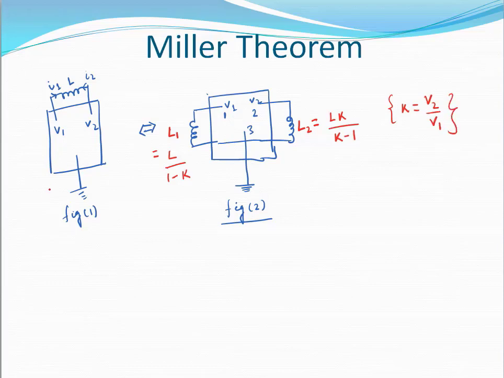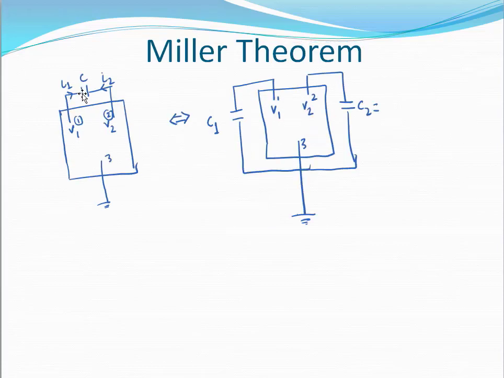In the same manner, if we have a capacitance, this is the capacitance between the input terminal and output terminal, and the third one is the ground terminal. In the same way we will break this capacitance into the input side and output side. We will get two capacitances, one is C1 and the other one is C2.